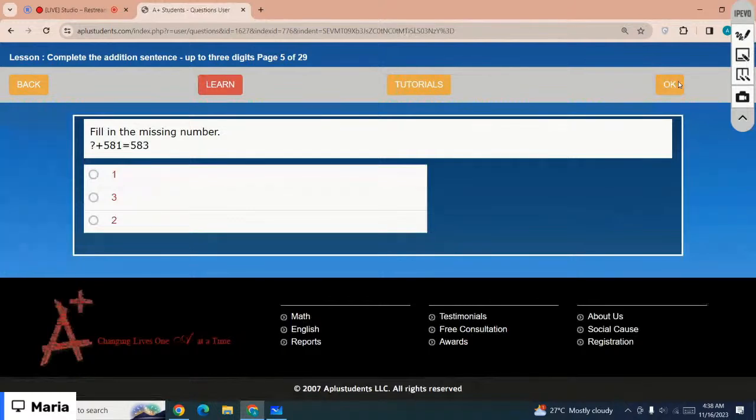Fill in the missing number. The missing number plus 581 equals 583.